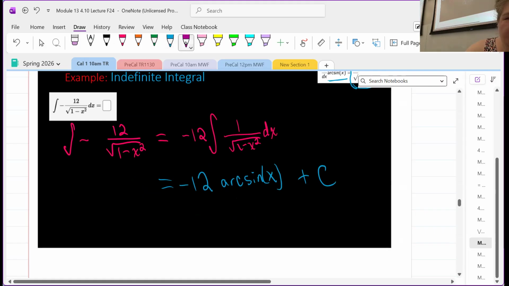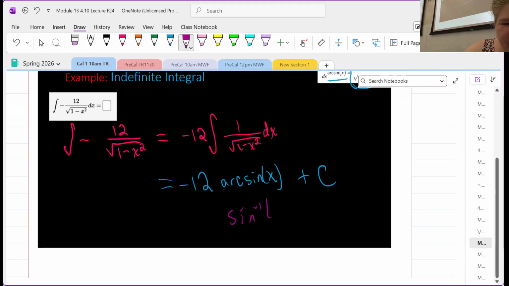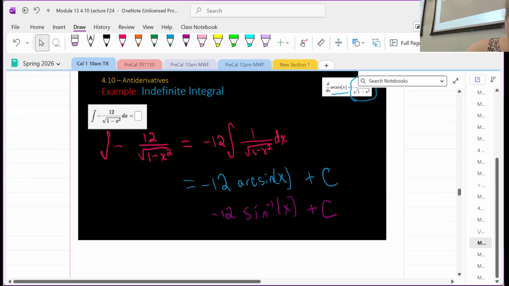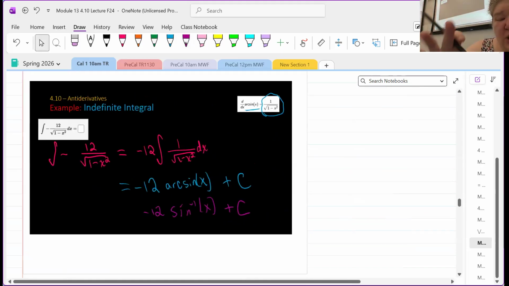Now remember, arc sine is just a weird way of writing inverse sine of x. I don't know if we actually even put one of the inverse trig functions in WebWork, but they might want you to type sine to the -1 of x for the notation. Whatever they want, though, they should have a note that tells you what they want.